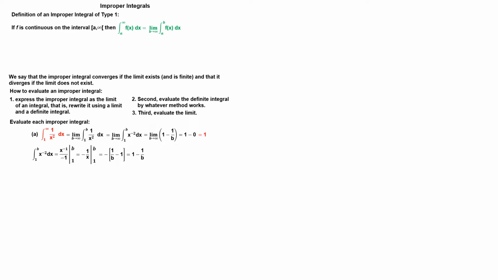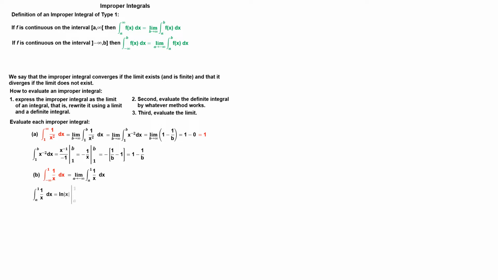The second case of improper integrals of type 1 is defined as follows. We now evaluate item b. We follow the three-step process. First, we express the improper integral as the limit of an integral.